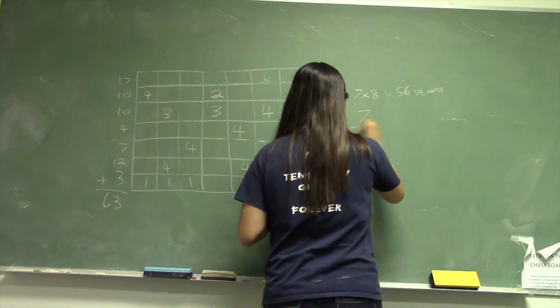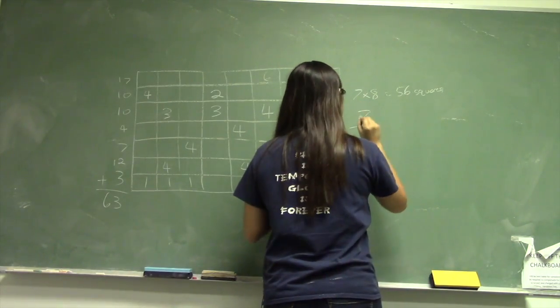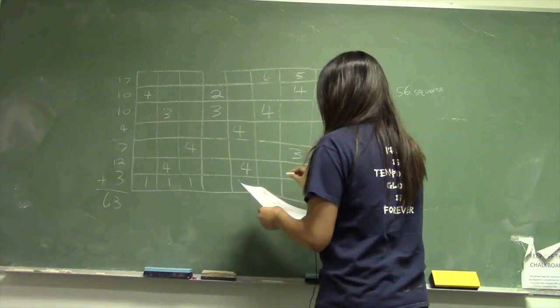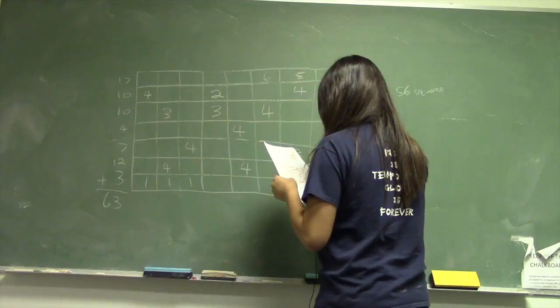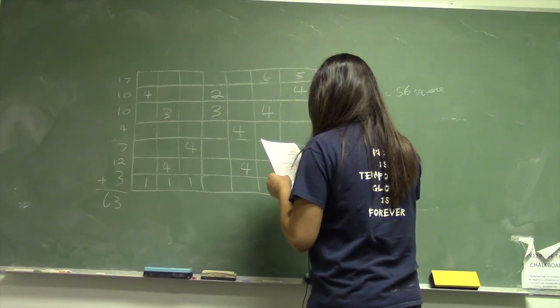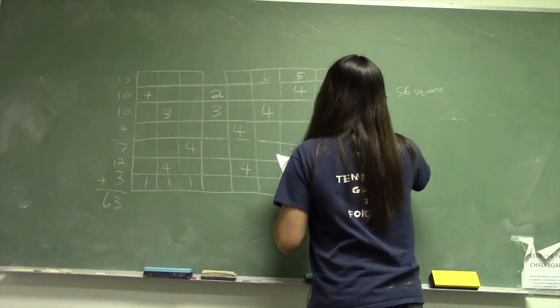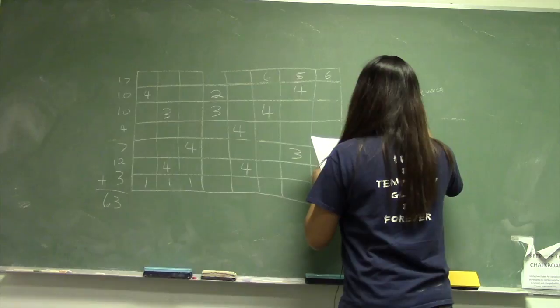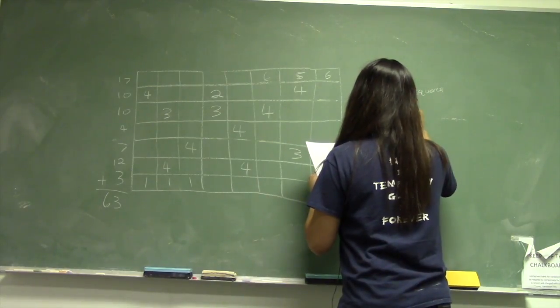So 7 is the number of pieces there should be, so there should be 8 squares in each piece.